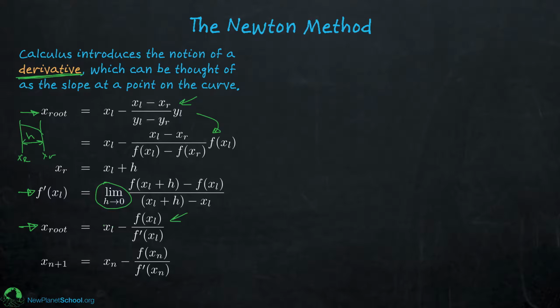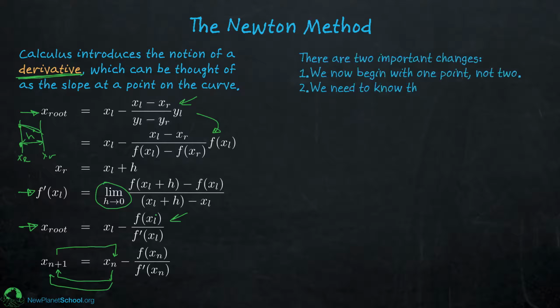I take the value at the left-hand side if I know what the value of the function is there, and I know what the slope or the derivative is there, I can project to find a really good estimate for the root. And then because I'm doing this in a computer, I can just iterate. n equals 1 gives me a new value for n equals 2. n equals 2 gives me a new value for n equals 3. And I just keep repeating this operation till I'm done.